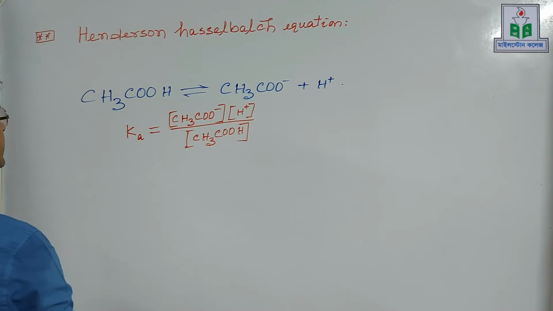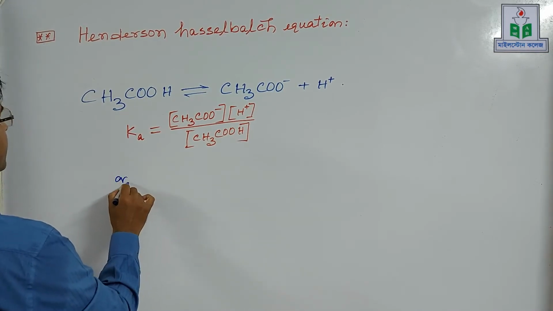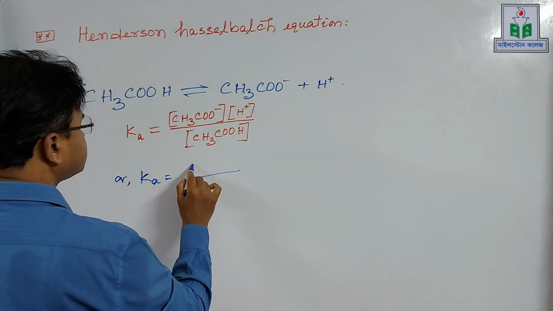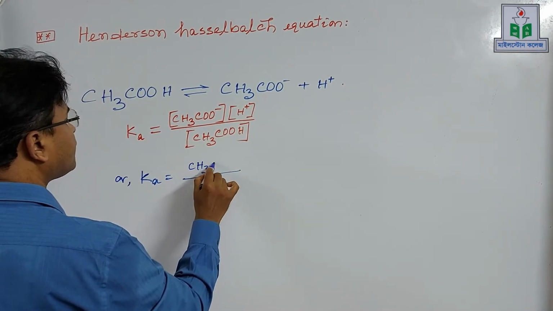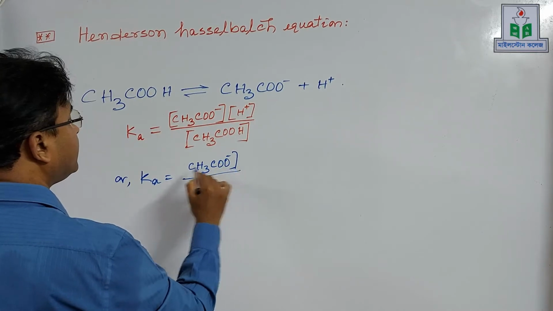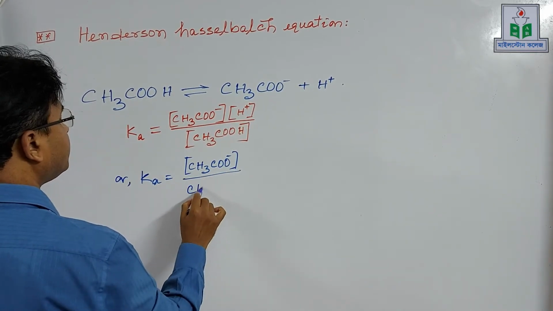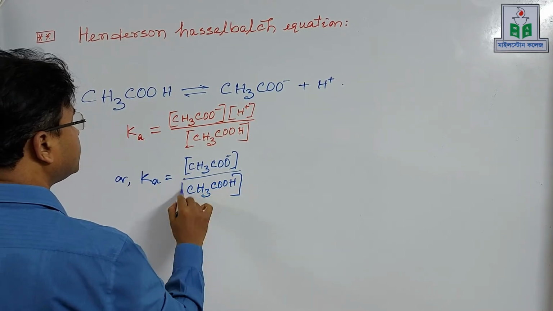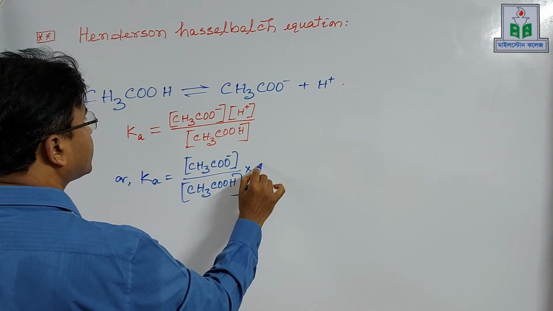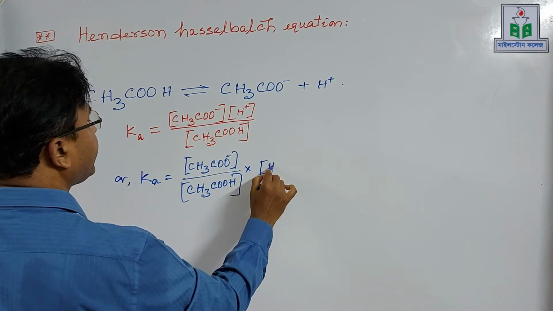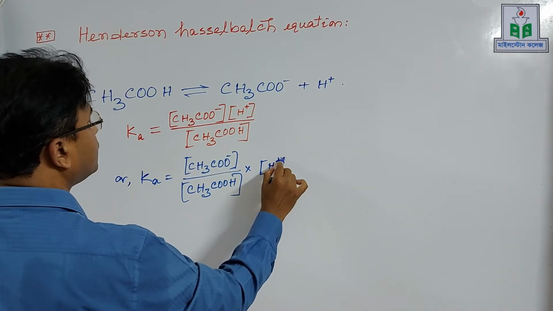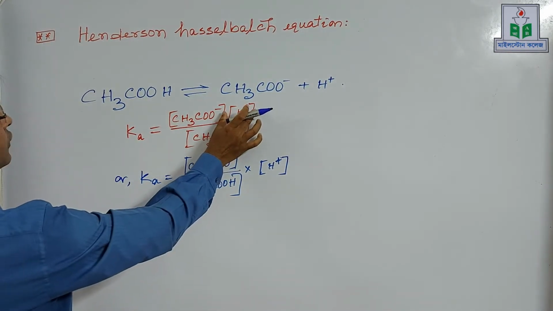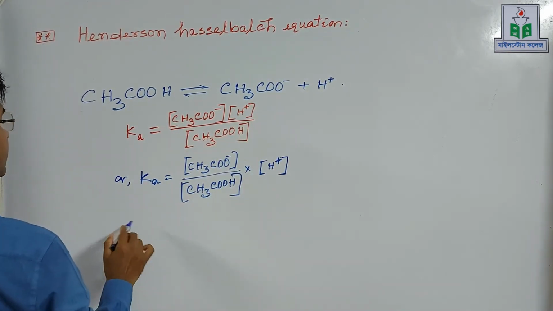I can write this equation as molar concentration of ethanoate ion divided by molar concentration of ethanoic acid into molar concentration of H plus ion. Just to calculate easily, I have written the H plus ion separately.